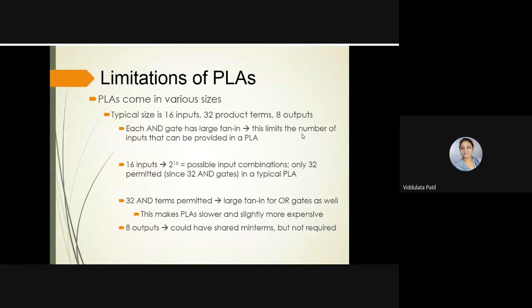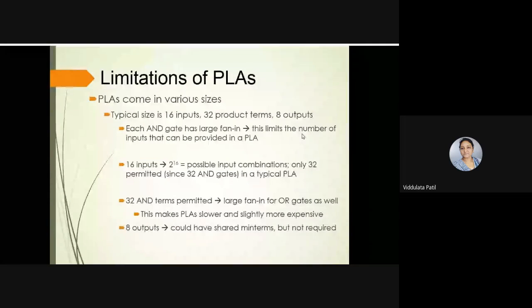At the same time, as we have 16 inputs, 2 raised to 16 possible input combinations will be there. But in a PLA, only 32 combinations are permitted because we have only 32 AND gates.